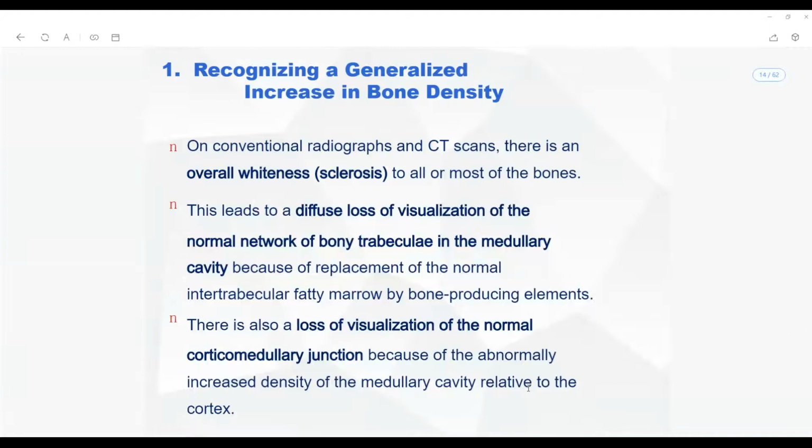So the middle trabeculae became much wider and the cortex has lost its density. Logically speaking, you see here there has been no change in the calcium deposition, but only some parts are being visualized and some parts are not being visualized. That is actually the increase in the bone density.